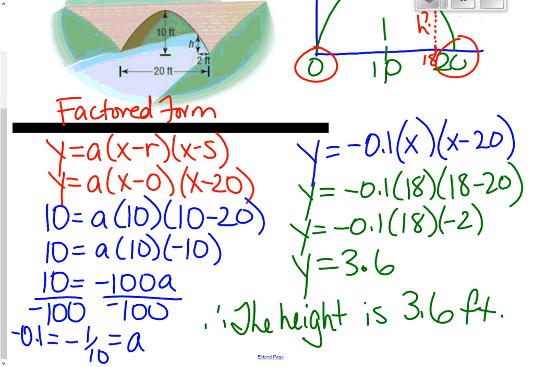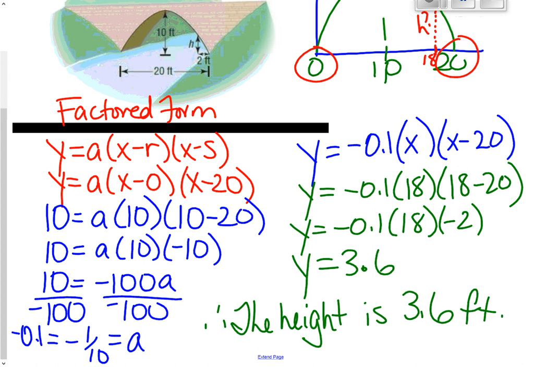So notice we could not answer this question until we had an equation, and we had the vertex and we had the x-intercepts. So it was up to us to decide, do we want to do factored form or do we want to do vertex form? You could do either or. I decided to do factored form, and then I put in my x-intercepts, and then I used my vertex for my x and my y to solve for a.